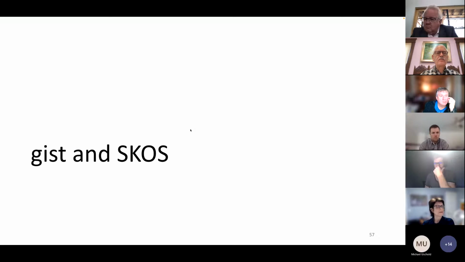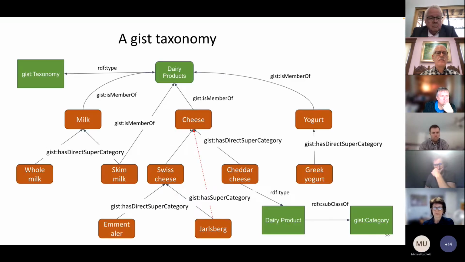Okay, so now we go into the discussion of gist and SKOS. Here's the reiteration of a gist taxonomy, using is member of from the category to the taxonomy, and has supercategory relationships and the typing of these categories.